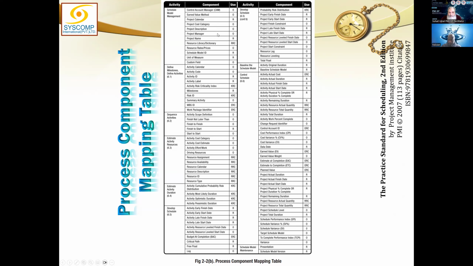If you provide them all, you will get an extra mark for optional items. But required items are mandatory. Like resource library and dictionary is a resource required item. If you are not exercising resource management on your project, then it will appear as an optional item. If you are exercising it, this is a required item.